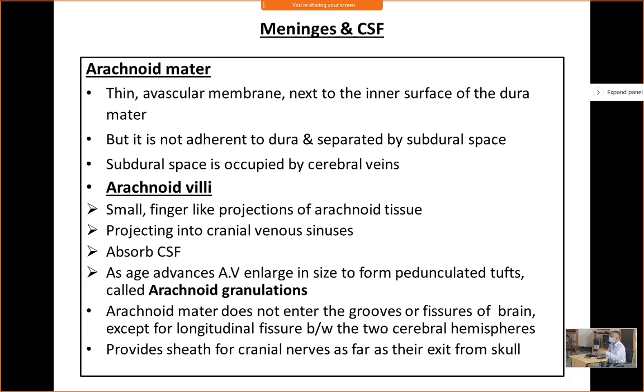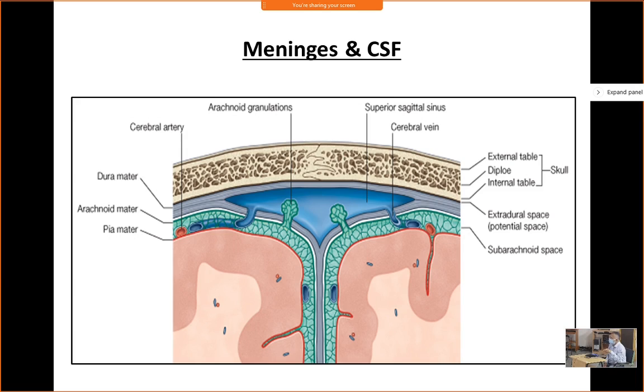Here you can see the outer green line is our arachnoid mater, and it is going up as finger-like projections. Where it is written as arachnoid granulation, just think for some time that these finger-like projections are arachnoid villi.